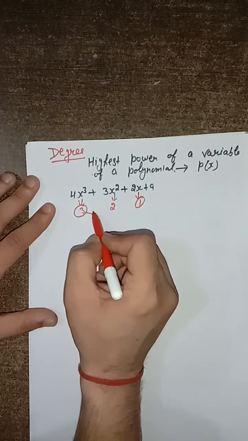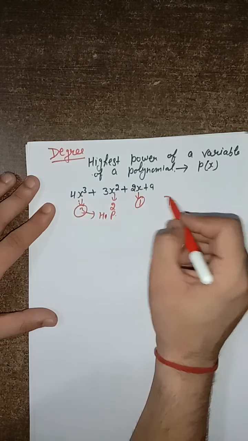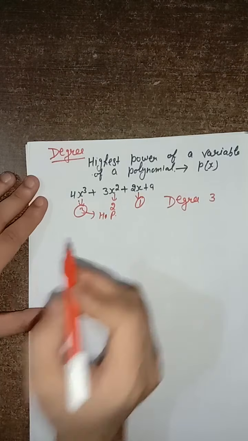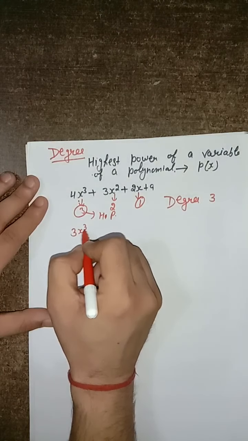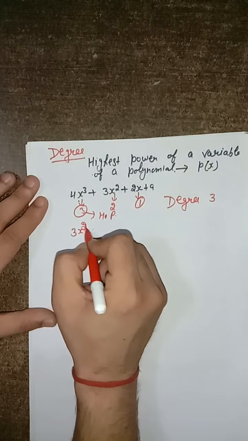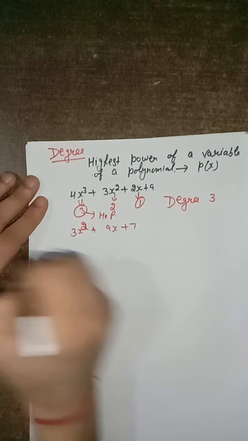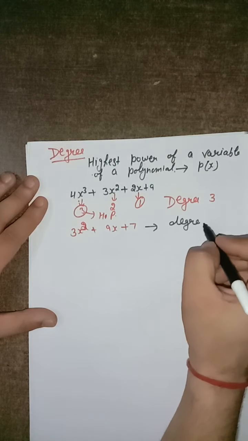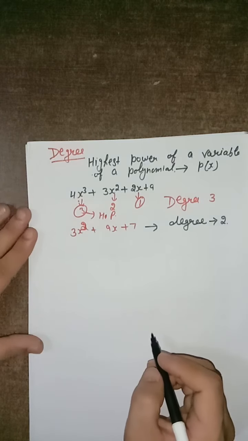So this is my highest power, so degree is 3. And if I am writing 3x² + 9x + 7, here my highest power is 2 and hence degree is 2.